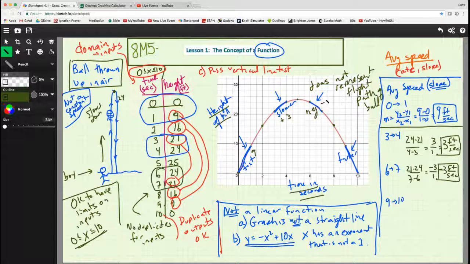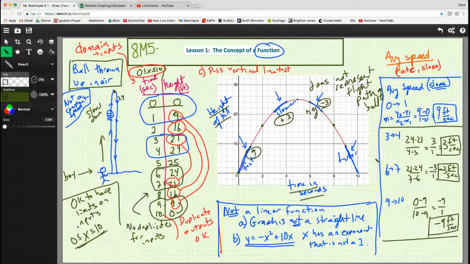Positive 3, here it's negative 3. And let's do 9 to 10. So 9 to 10 is 0. Here's my 0 minus 9 over 10 minus 9. So that equals negative 9 over 1, which is negative 9 feet per second.